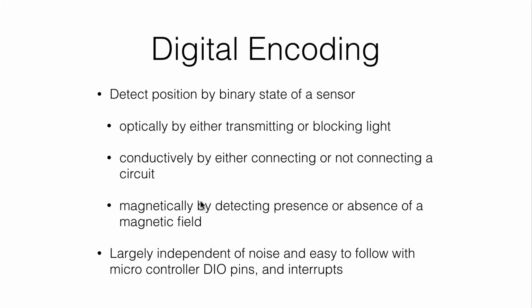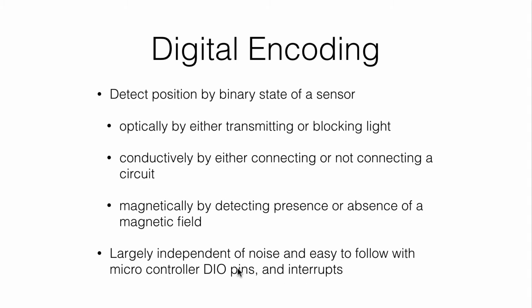Now, if we do this digital encoding, then it's going to be largely independent of noise, and it'll be easy to follow with our microcontroller because all we're trying to detect is the difference between, say, 0 volts and 5 volts. We're not trying to detect an analog voltage.